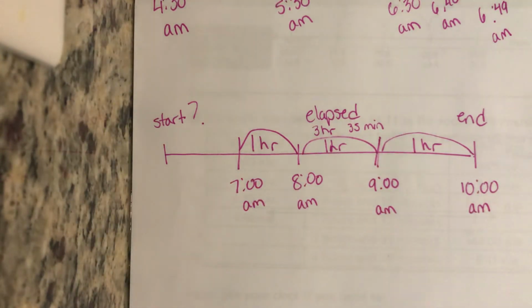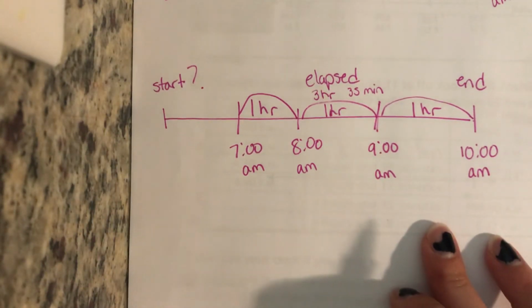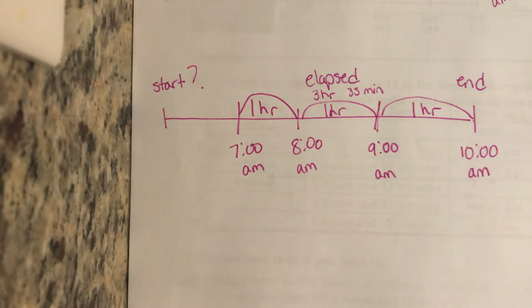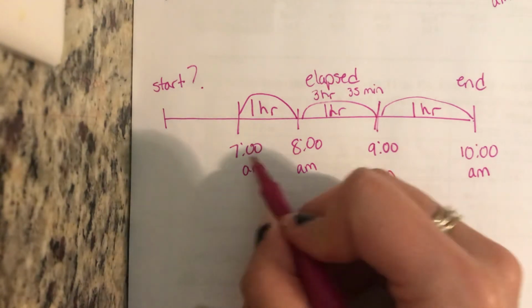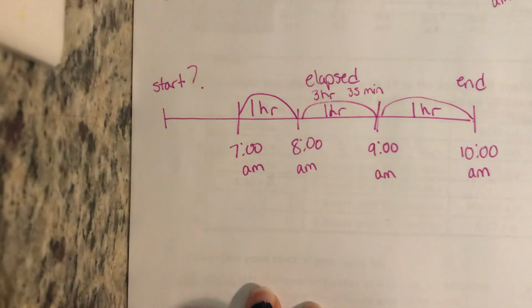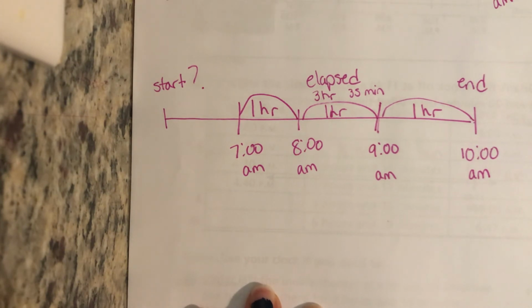Now, here's where this gets tricky. I need to go backwards minutes. And I know in 7 o'clock, I don't have any minutes. So here is where you're going to have to think about subtraction and ungrouping or borrowing from your hours to make minutes.